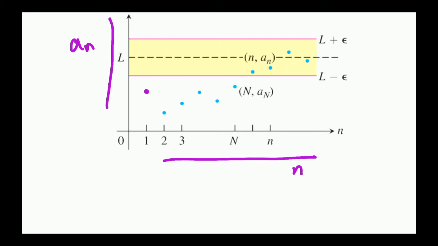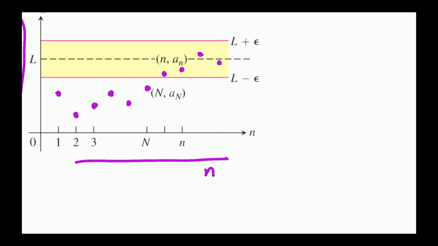So A1 is right here, A2 is right here, A3, A4, A5, A6, A7, A8, A9, A10. And if you keep going out here, you don't know what the sequence is going to do. Like I don't know where it's supposed to be going, but what I do know is that what they intend is for it to be leveling out there at L. Okay.